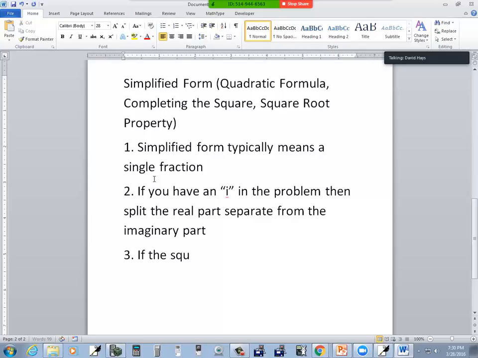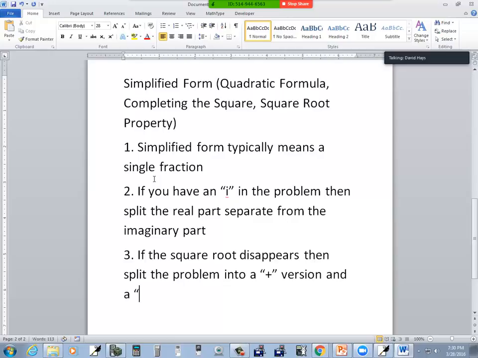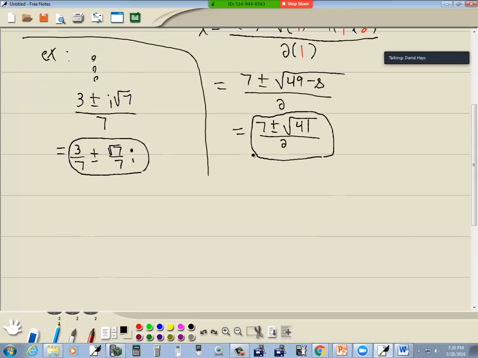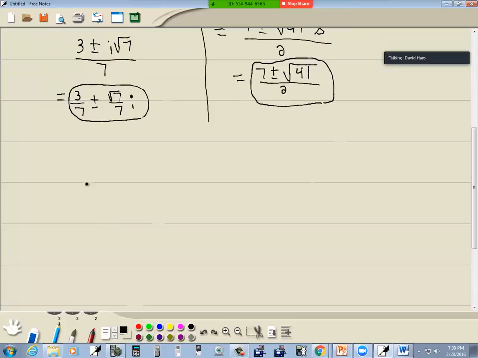If the square root disappears, then split the problem into a plus version and a minus version. So if the square root disappears, well, what I mean by that is you're working a problem down. Those dots indicate steps you can't see.